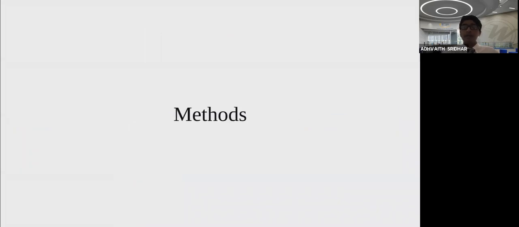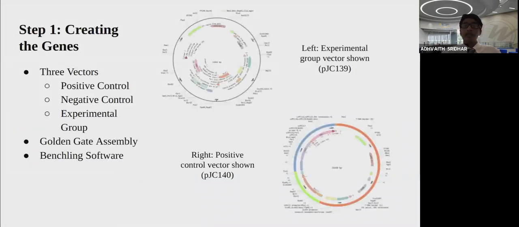So the first step that we did in my research project was to create the genes and the edited genes. And we created 3 different constructs, 2 of which are shown here. The first was a positive control in which uncontrolled transient expression occurred. So this vector shown at the bottom right corner of the screen is the positive control vector.